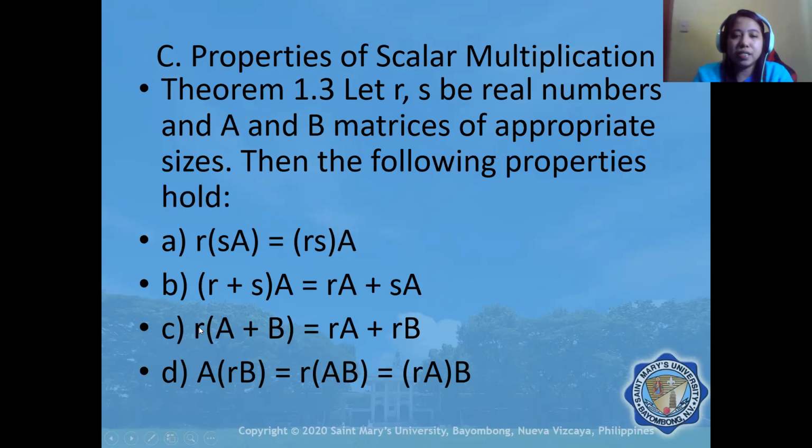So for letter C, if we are going to involve two matrices and then distribute the scalar r, it is rA plus rB.